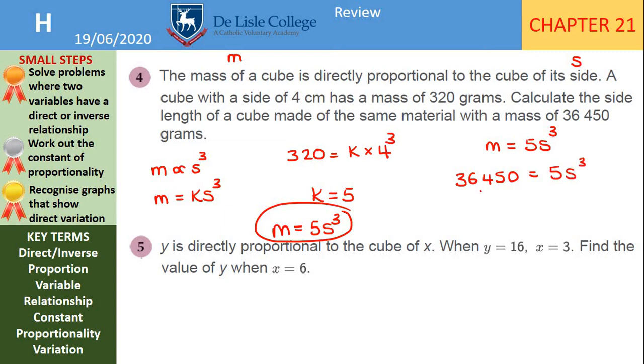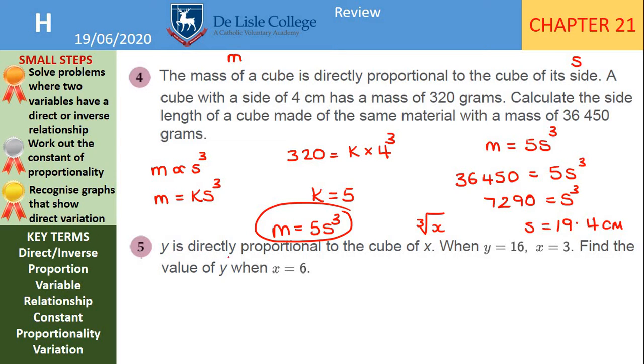If I divide that by 5, that will give me that 7,290 is equal to s cubed. Then if I take the cube root in my calculator, so remember you want the cube root key, we get that s is equal to 19.4 centimetres to 1 decimal place.